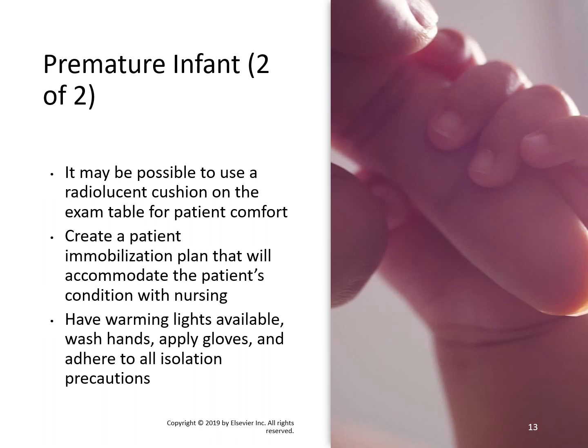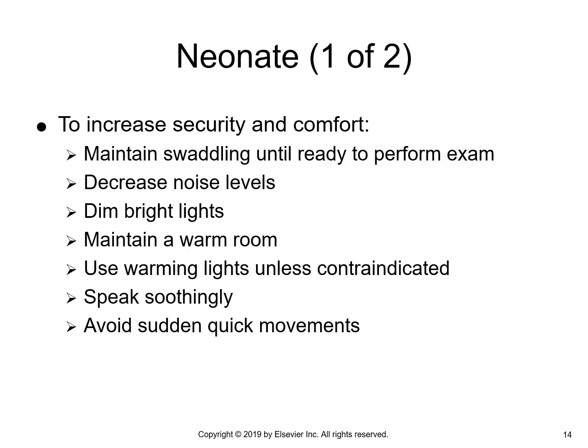You're not protecting yourself against any kind of illness the patient would have. You're protecting the patient against any kind of illness you would have. So it's a reverse isolation type situation, and that would be a droplet type precaution: gloves, gown, mask.